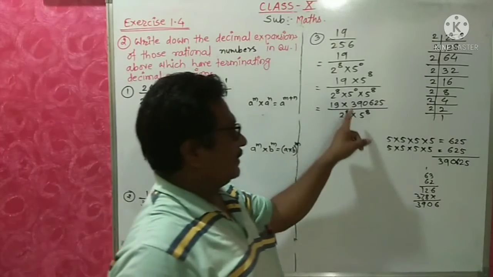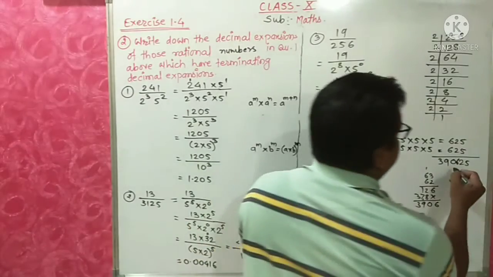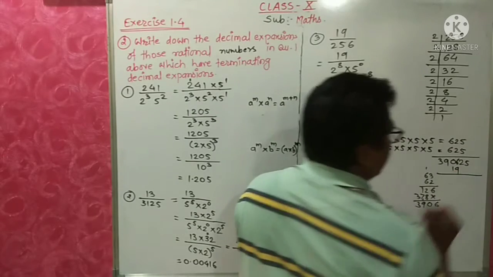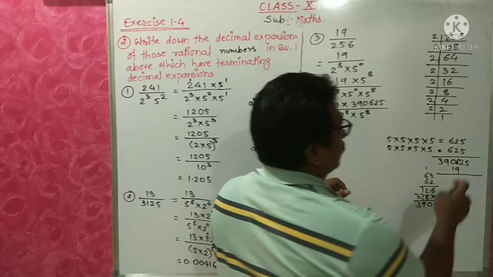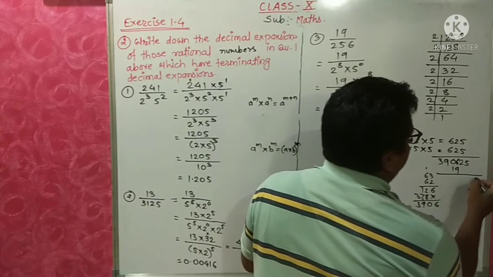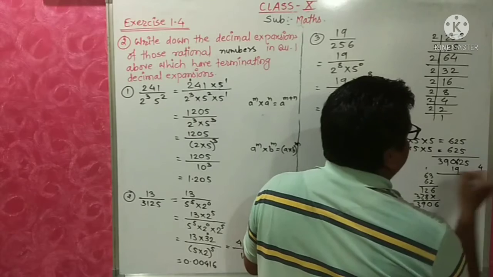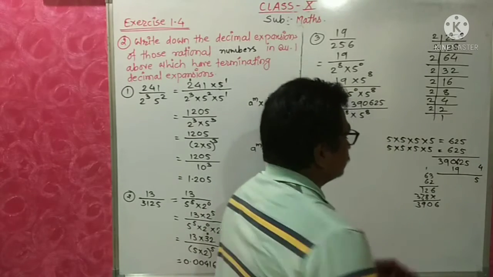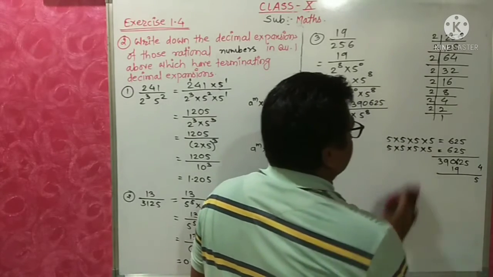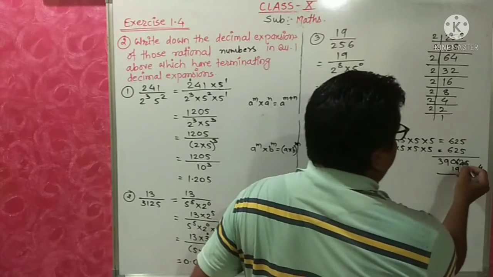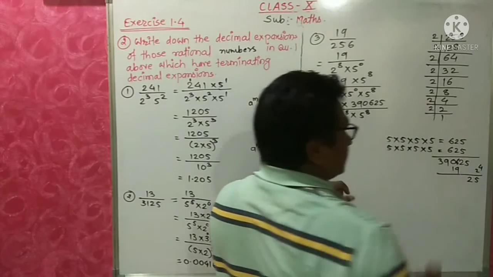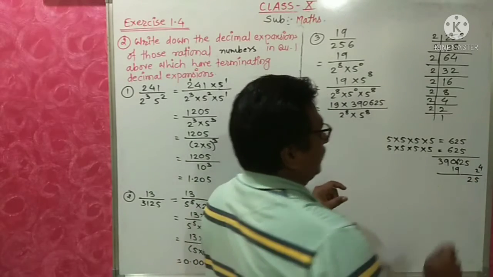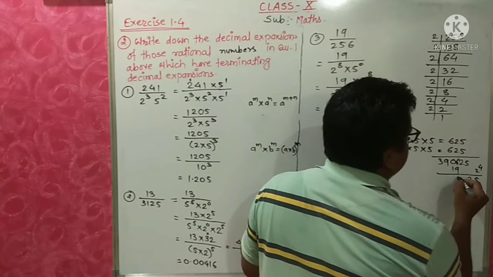Now multiply with 19. So what will we get? 9 5s are 45. 9 2s are 18 plus 4, 22. 9 6s are 54, 54 plus 2, 56.